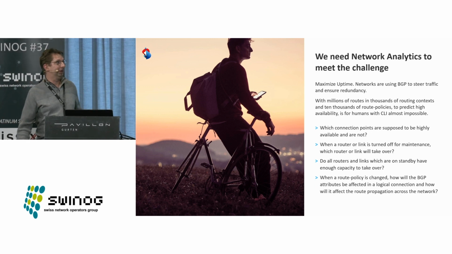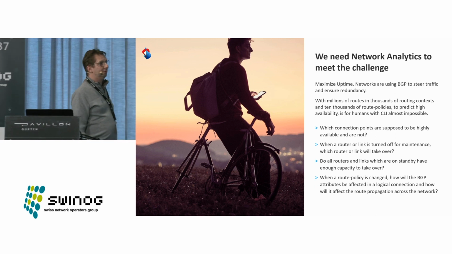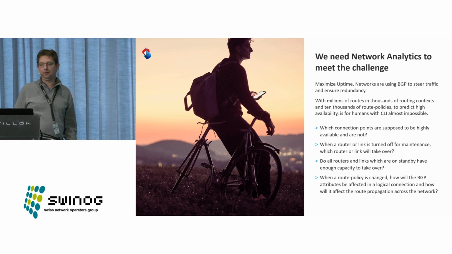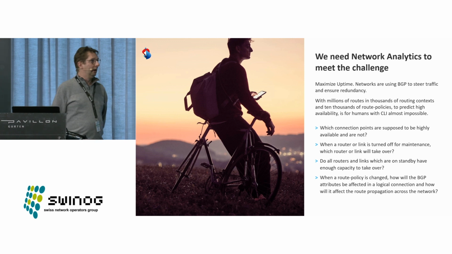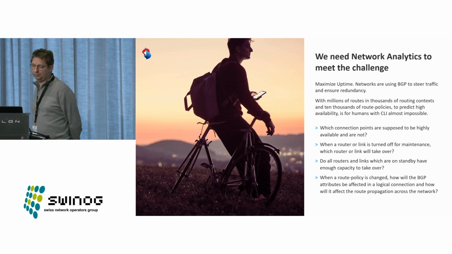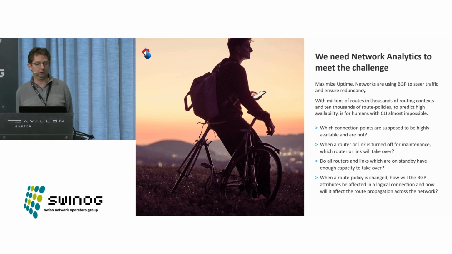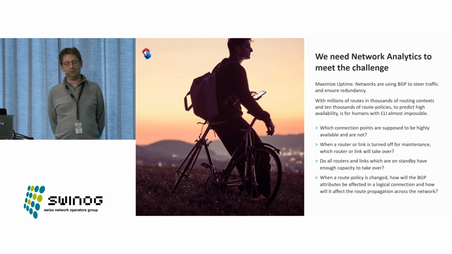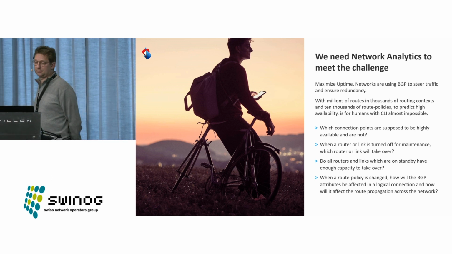So as I said in the beginning, in a service provider network, it's quite challenging because of all this redundancy and many millions of paths, route policies, VRFs, and so on. To keep the overview, to make sure that everything is redundant from any endpoint to any endpoint, is quite a difficult task.